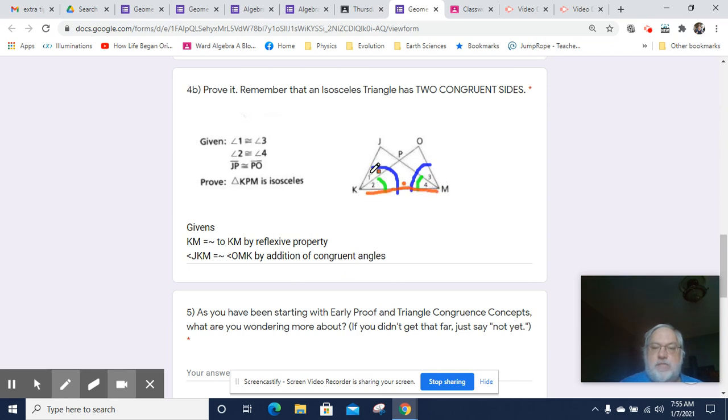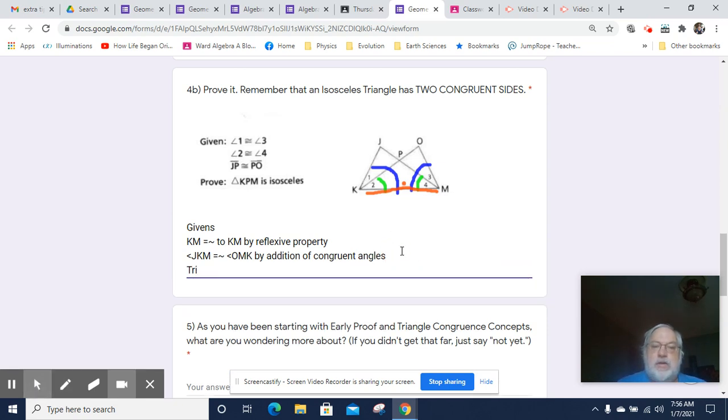So now we have angle, side, angle, and angle, side, angle that will prove that these two overlapping triangles are congruent. So now we can say triangle JKM is congruent to triangle OMK, and we can do that by angle, side, angle.